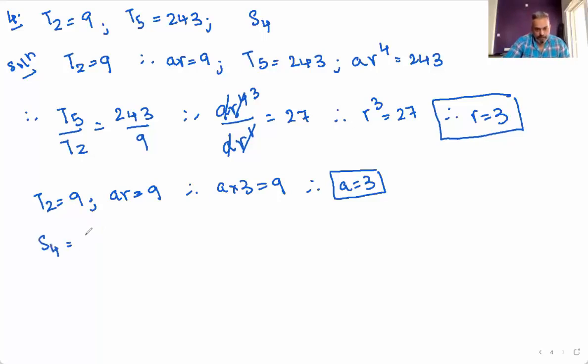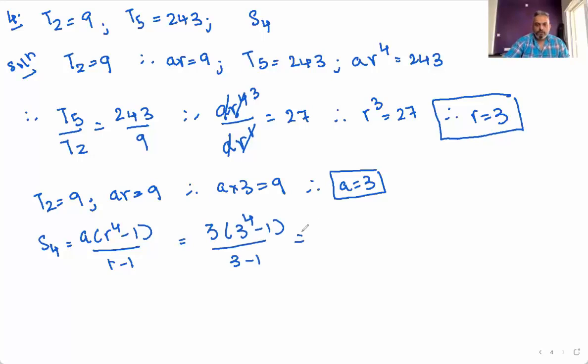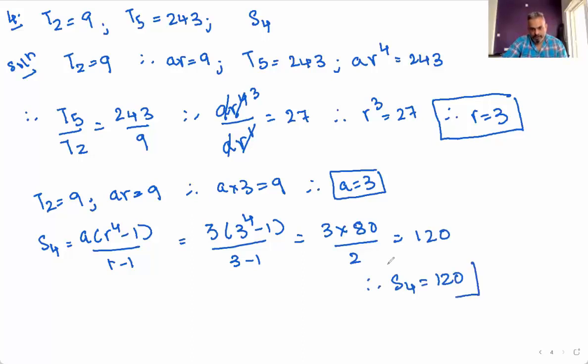S4 is A into R raised to 4 minus 1 upon R minus 1, which is equal to 3 into 3 raised to 4 minus 1 upon 3 minus 1, which is equal to 3 into 3 raised to 4 is 81 minus 1 is 80 upon 3 minus 1 is 2. So 2 4s are 8, 3 into 40 is 120. Therefore S4 is equal to 120.